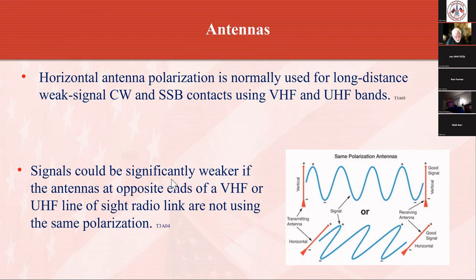Your signal can be significantly weaker if the antennas at opposite ends of the line of sight link aren't using the same polarization. In this case, they're said to be cross-polarized. So if they're not the same polarization, you're not going to pick up as much of the signal. That's for VHF, UHF line of sight.